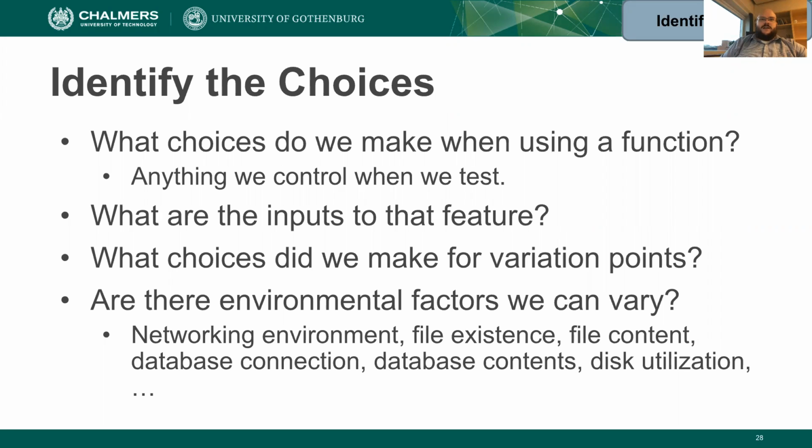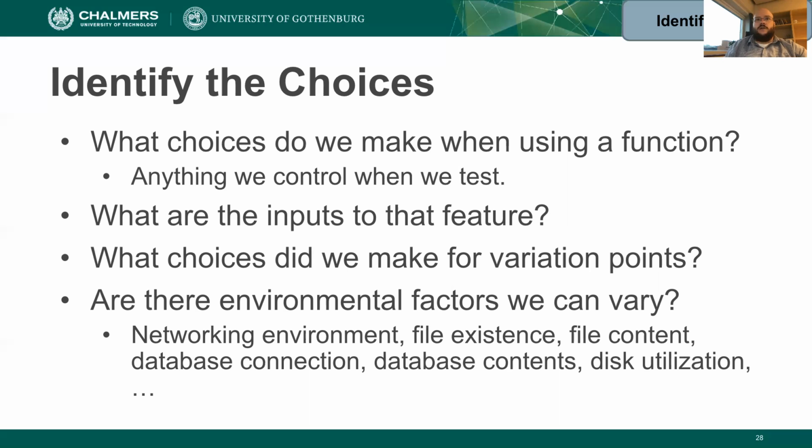So the obvious thing here is the input parameters of the functionality. We often provide input or provide information to the system. It acts on that information and it gives us a result back, right? So those are things we have control of when we test, what kind of information we provide to the system for its parameters. And we choose values for those.